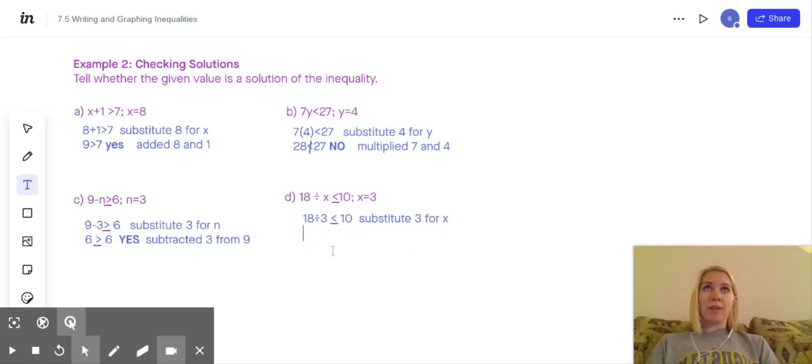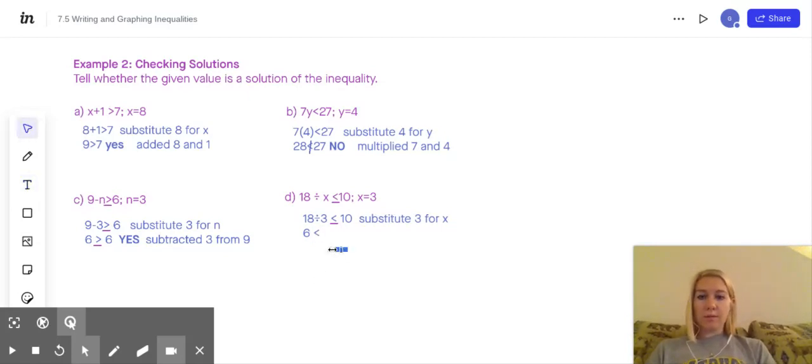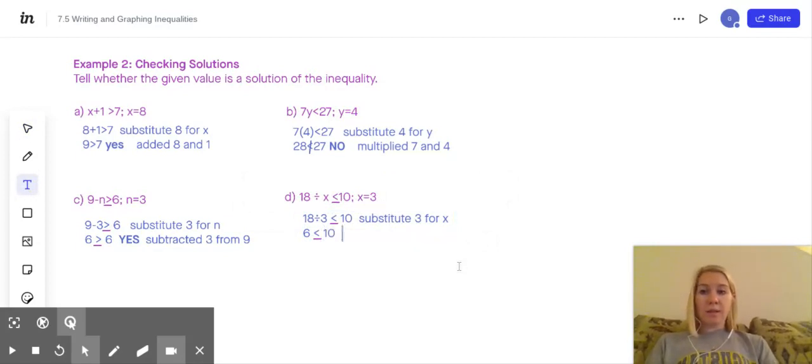Now let's solve. What is 18 divided by 3? Well, I know 3 goes into 18 6 times. So 6 is less than or equal to 10. Now let's think. Does this work? Is 6 less than or equal to 10?